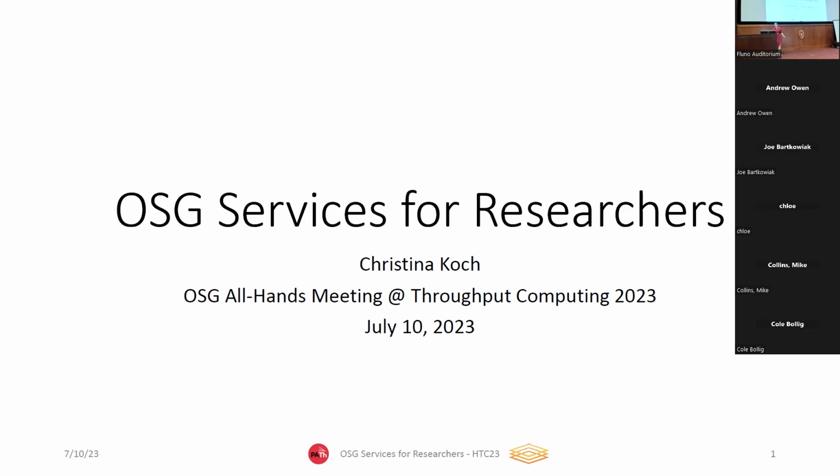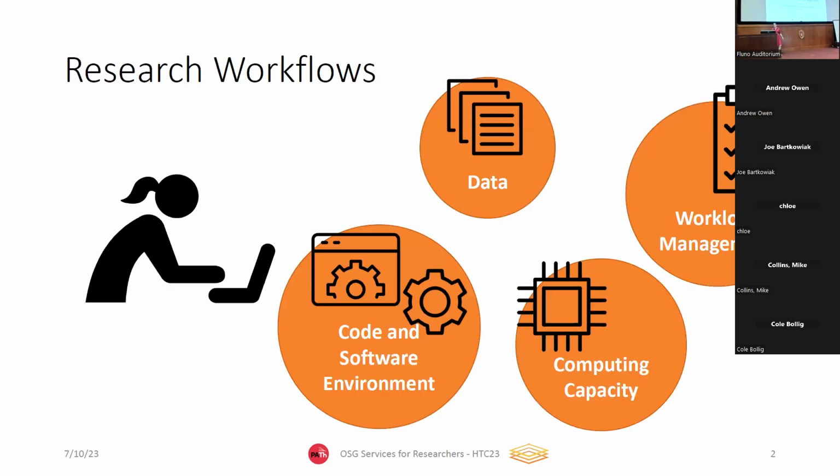Okay. So diving into OSG services for researchers. I'm going to start with setting the stage. I have a researcher here who's been doing some work on her laptop, and it's a throughput workload. So for whatever her problem is, she needs to do a bunch of tasks.